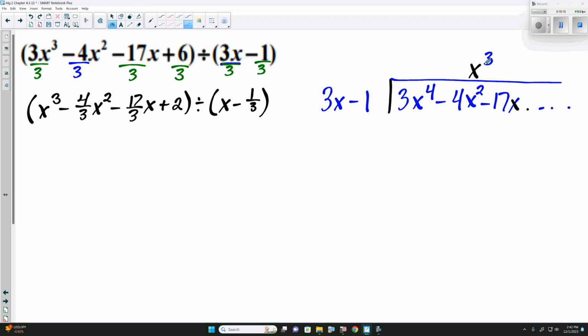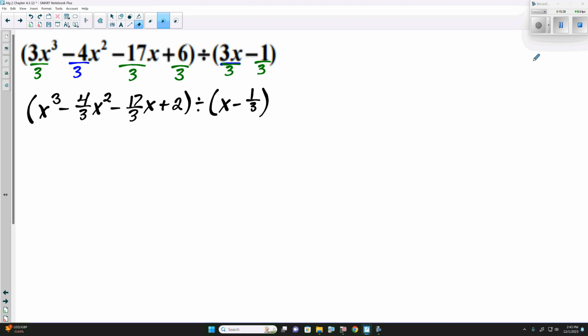X to the third power, and then we would go on from there, yes? So if we notice the first number has to be 1 times x to the third, yes? Okay. Now, I'm going to erase that there.